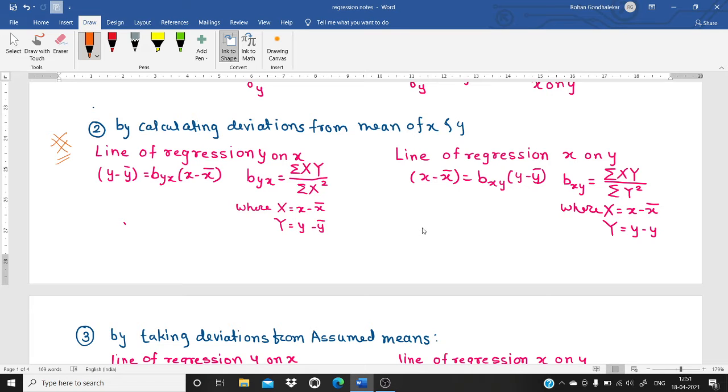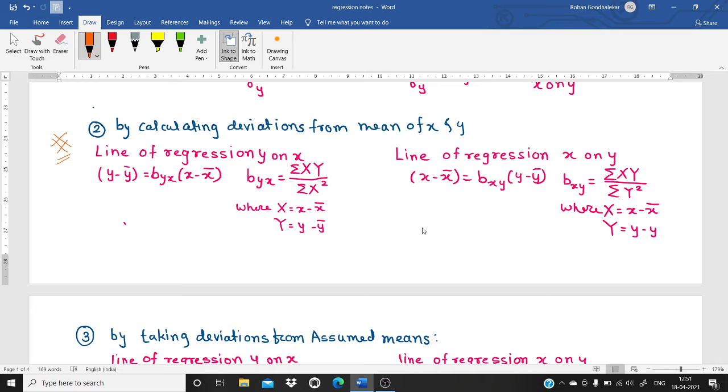We are not going to follow the assumed mean method. Instead, we are going to get the deviations from the actual mean. So the formulae which I have noted here in point number 2 also deal with the deviations from the actual means.